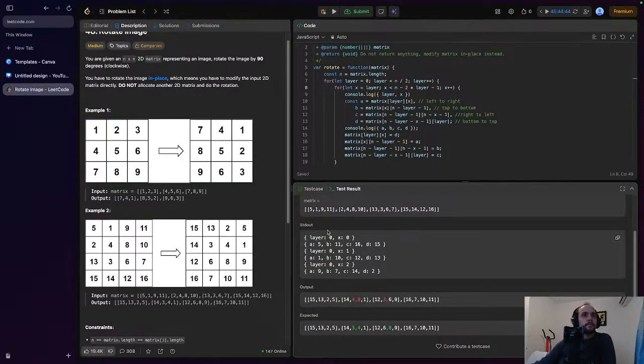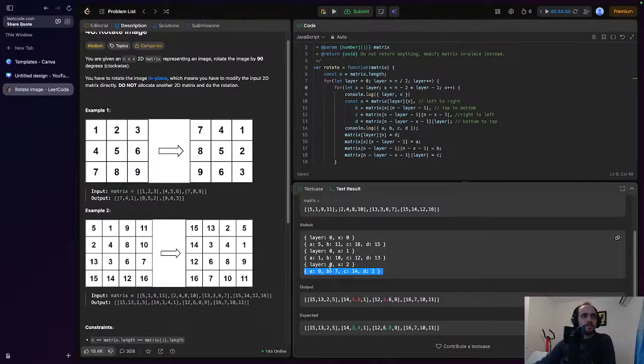Okay. So we have the second example, which should be 5, 11, 16, 15, 5, 11, 16, 15. Nice. Then it should be 1, 10, 7, 14, 1, 10, 12, 13. It should be 1, 10, 12, 13. Okay, that is correct. My mistake.